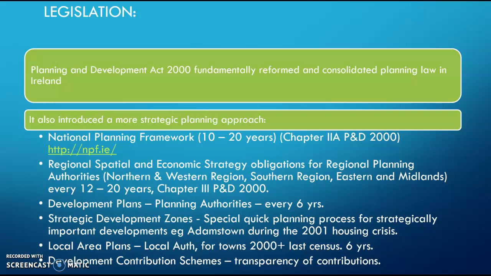So for different local areas, the county council set out what the planning contributions are that will be requested. So if you want to build a house in a particular area, you should be able to look up the development contribution scheme and see how much you'll have to give the county council to pay for services like the putting in of roads and lighting and sewerage and all that kind of stuff that goes along with developing houses in a particular area.